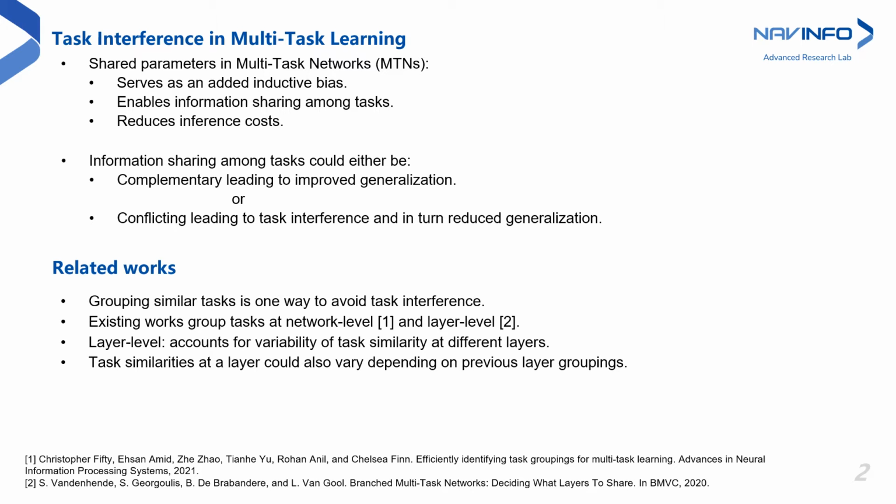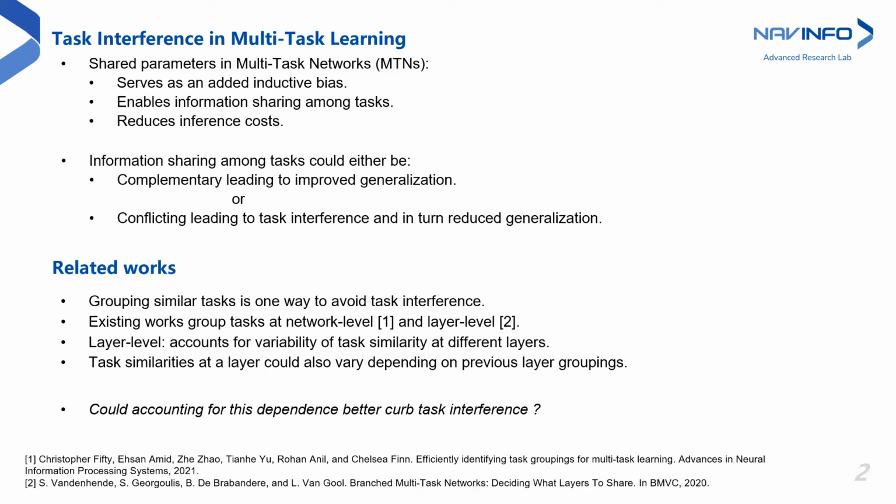One way by which existing works address task interference is by grouping similar tasks. This grouping could be done at the network level, where if a task is dissimilar, it is learned in a new network altogether. However, grouping tasks at every layer could be a better alternative, as the notion of similarity could vary based on local task representations at different layers.